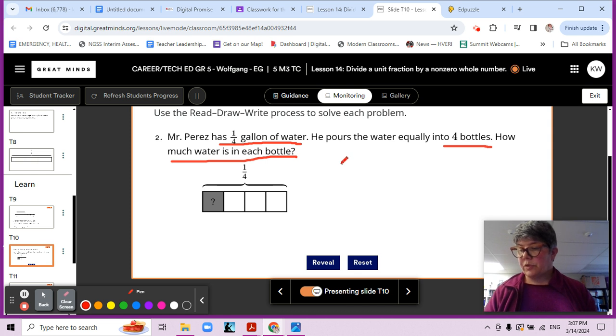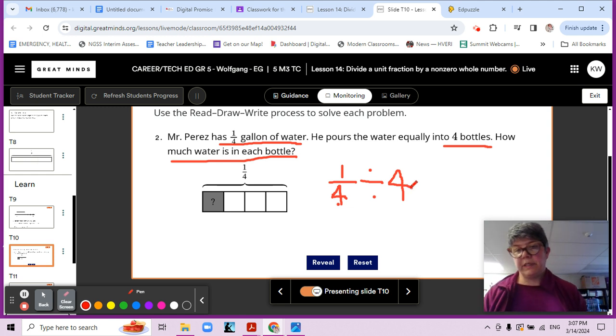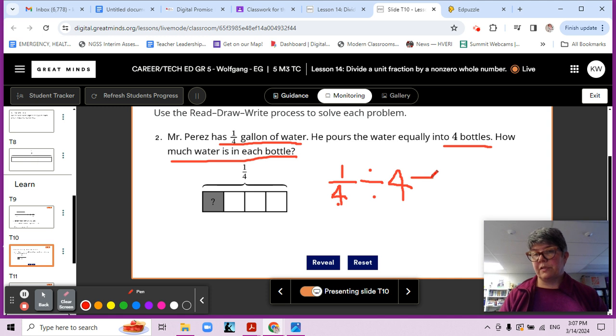Okay? So what expression represents the water in each bottle? 1/4 divided by 4, right? You see how we're taking 1/4 and we're dividing it by 4? We can interpret this as 1/4 is 4 groups of what?